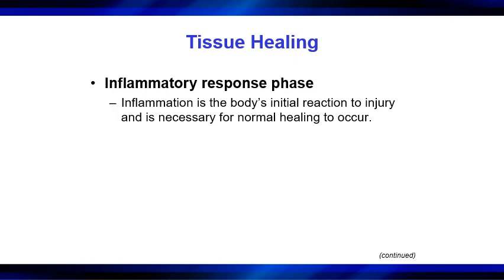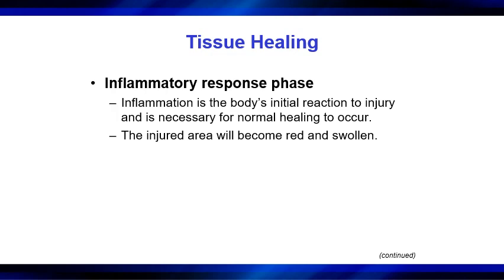But when a tissue is injured, you need inflammation in order for healing to occur. During this time, the injured area will become red and swollen. The swelling is unfortunately an unwanted side effect of inflammation that we want to make sure gets controlled.